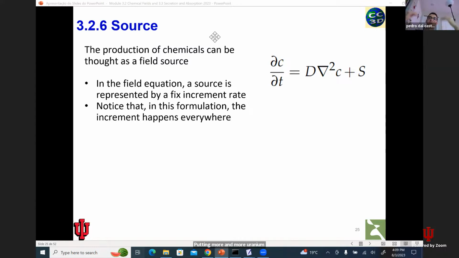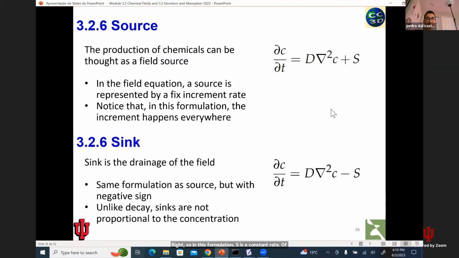So it keeps decaying, and someone is adding more and more uranium, and this goes on. So it's a constant influx of field happening everywhere. In this formulation, S is a constant rate of field variation in time, and it's happening everywhere.